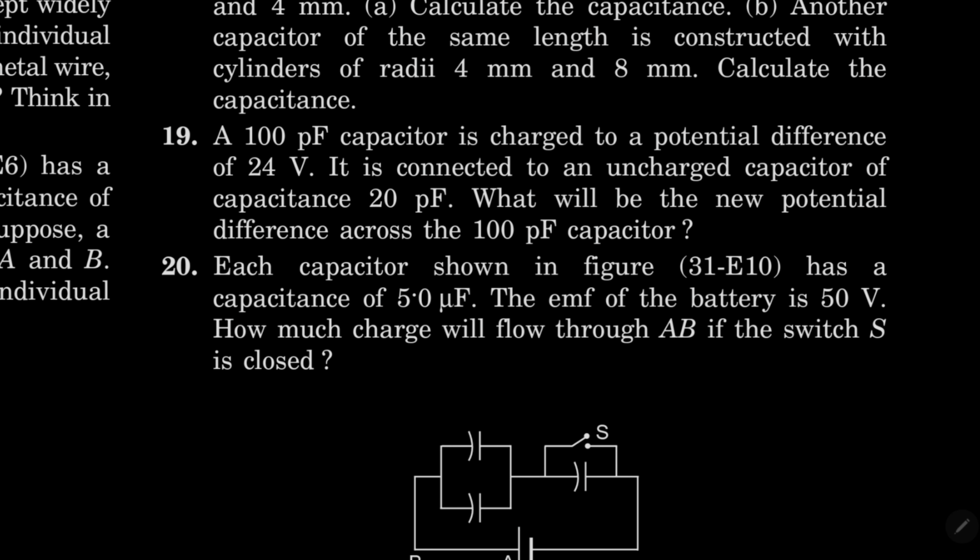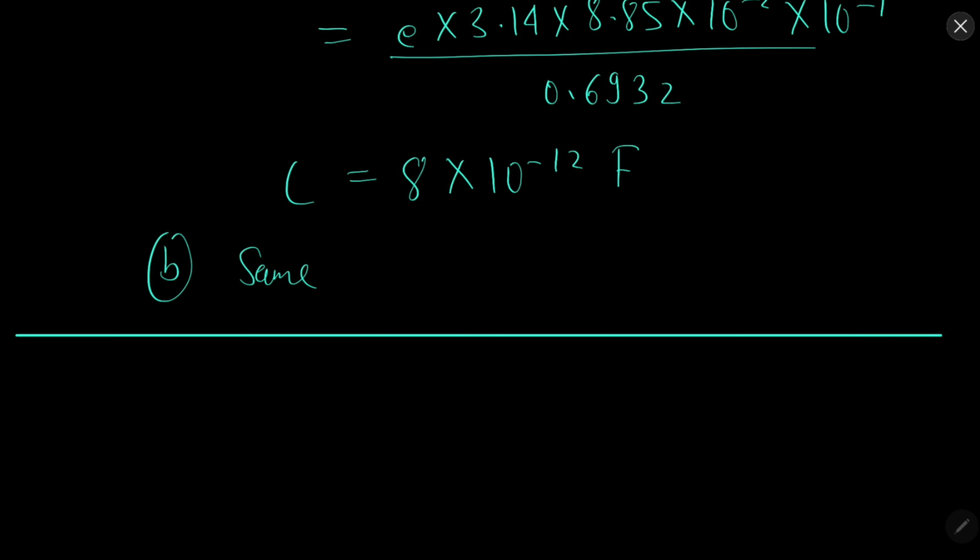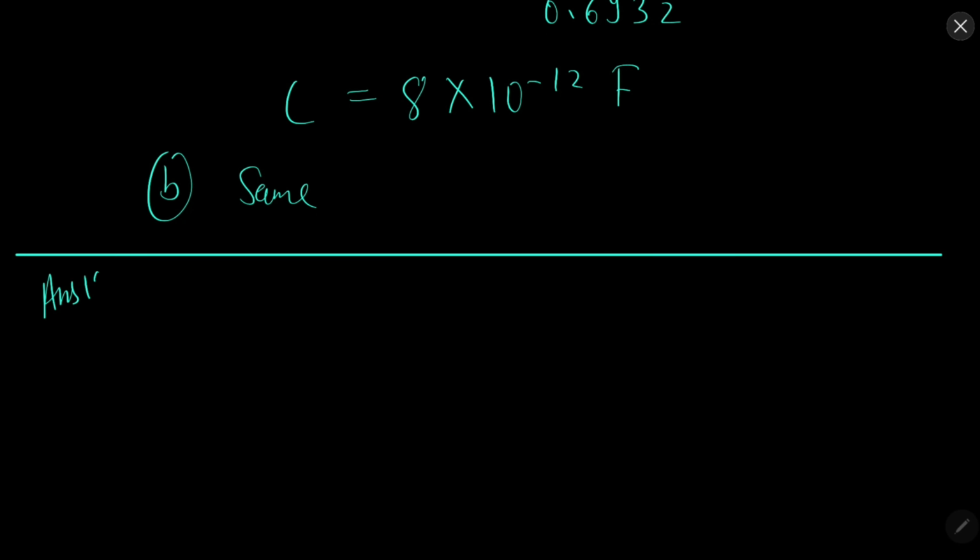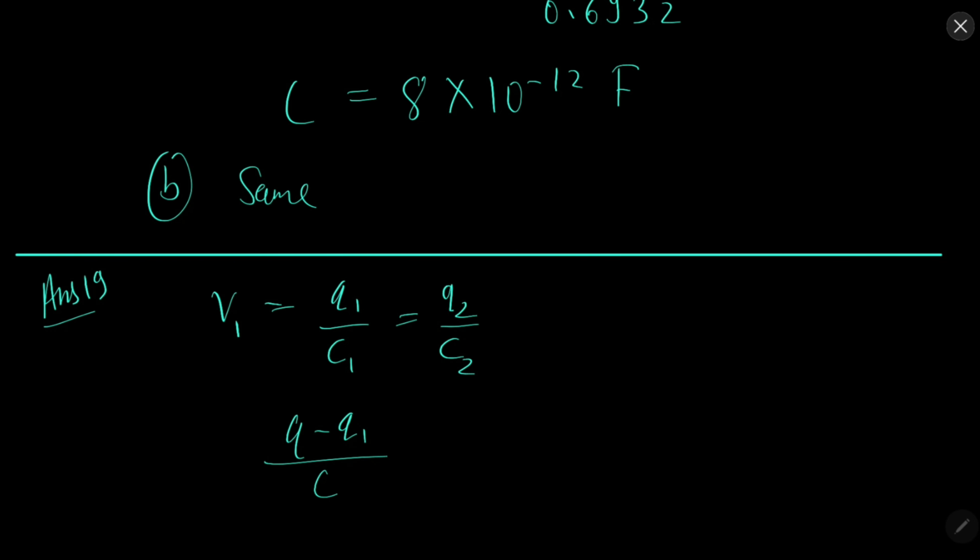In question 19, what will be the new potential difference across the 100 picofarad capacitor? Solution 19. So V1 will be Q1 by C1 equal to Q2 by C2. Q minus Q1 over C2 equal to Q1 by C1.